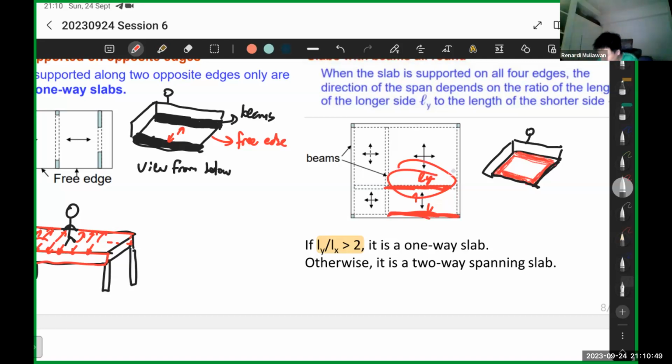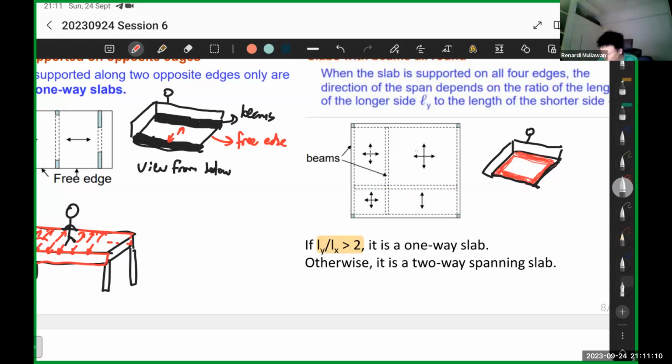So it will transfer the load onto the longer beams. If you have a person here in the middle, it's unlikely for the weight of the person to be transferred to this beam. Most likely, the weight of the person will be transferred to these two beams.